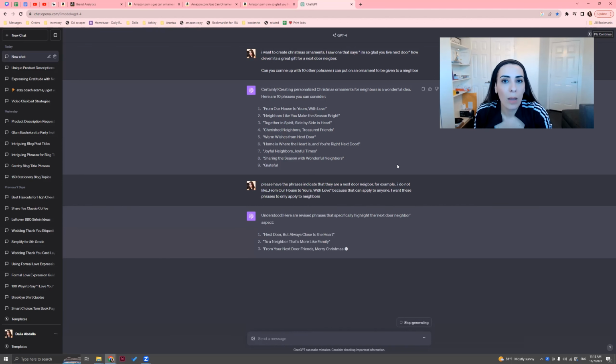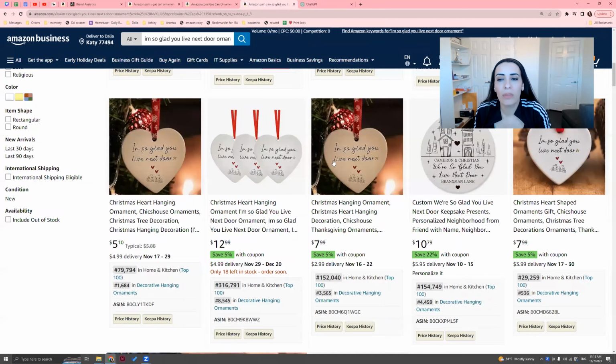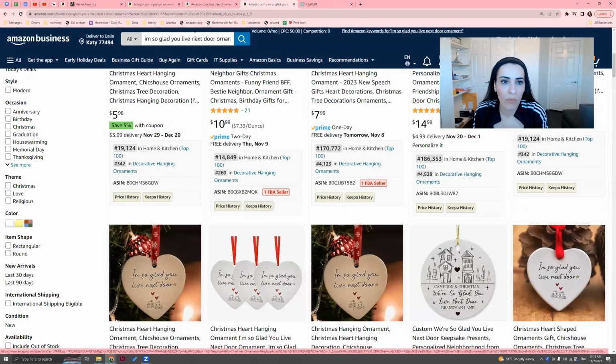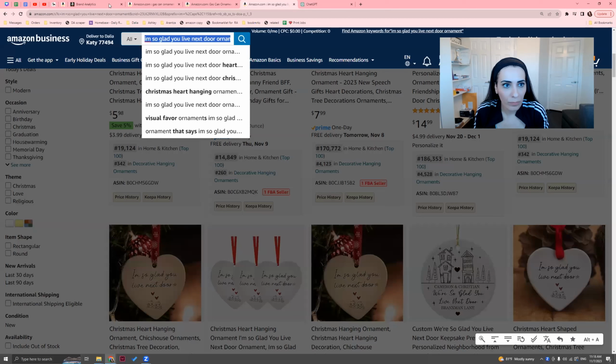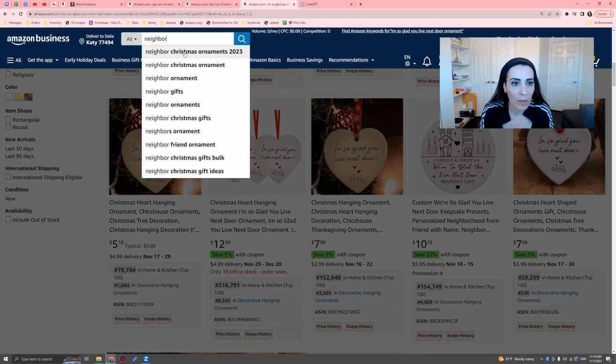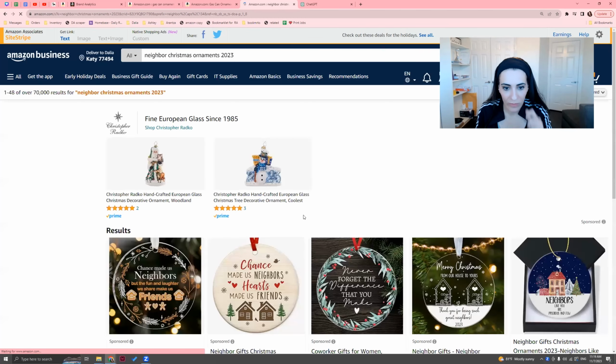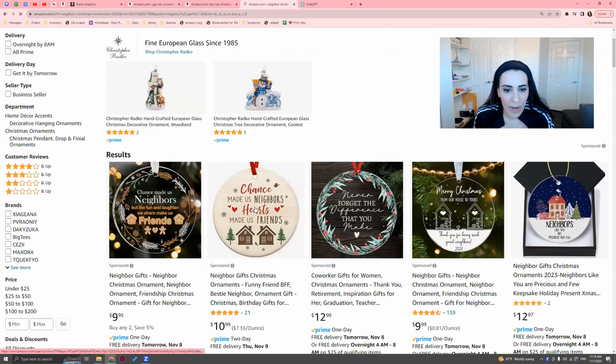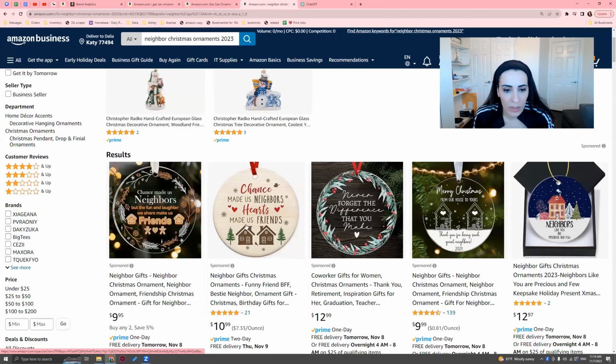So, this may or may not work in terms of what's being searched for. Meaning if the phrase is not being searched for, it may not sell. Neighbor Christmas ornaments. Let's search that, and then you could find "Chance made us neighbors, hearts made us friends."